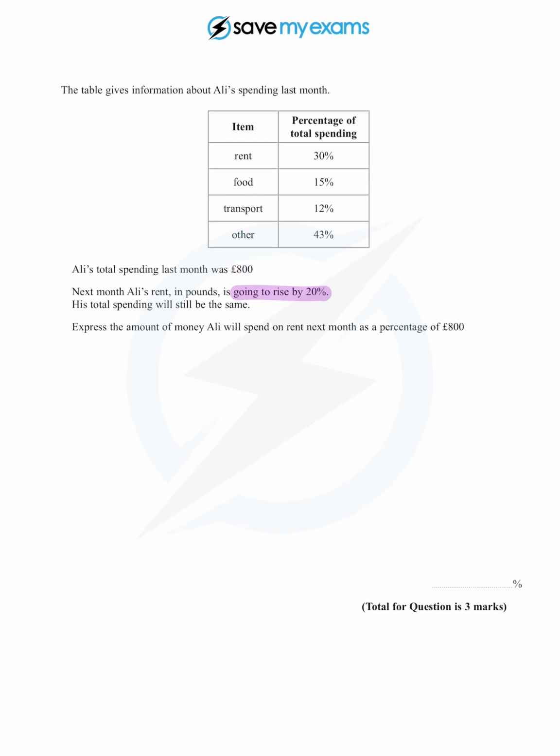Okay, so we need to find out how much he spends on rent this month, how much he spends on rent next month. So, rent this month is, well, it's 30% of 800. And we can translate that into maths if you like. 30 over 100, that's 30%.